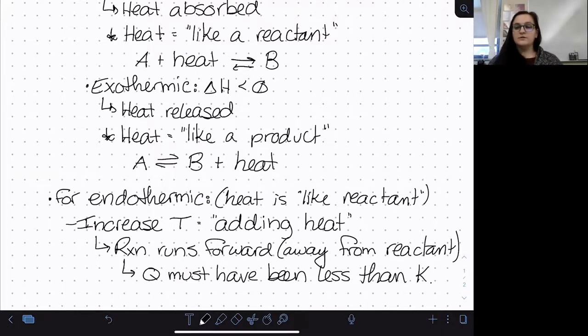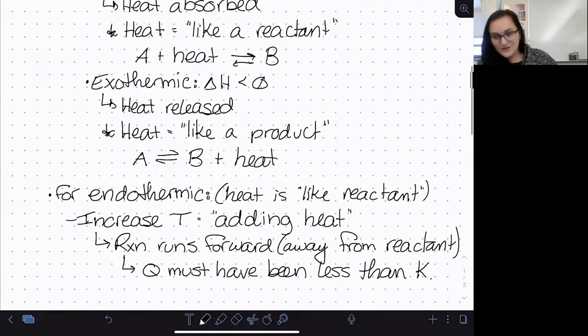We started out at equilibrium, Q and K are equal. When we increase the temperature, K is changing. Based on the fact that heat is like a reactant, our reaction is going to run in the forward direction to use up that extra reactant that we've added, which means that Q must be less than K. Anytime a reaction is running in the forward direction, that is going to be true.